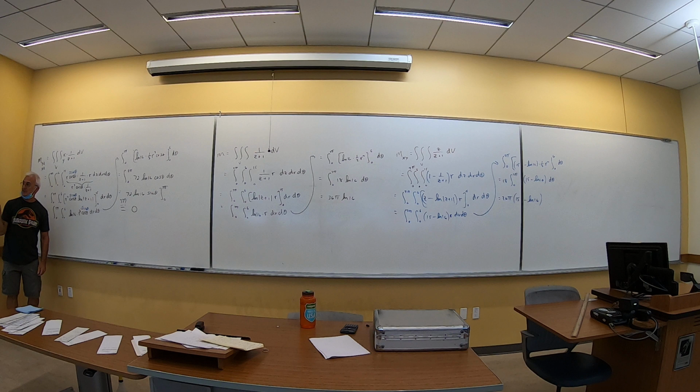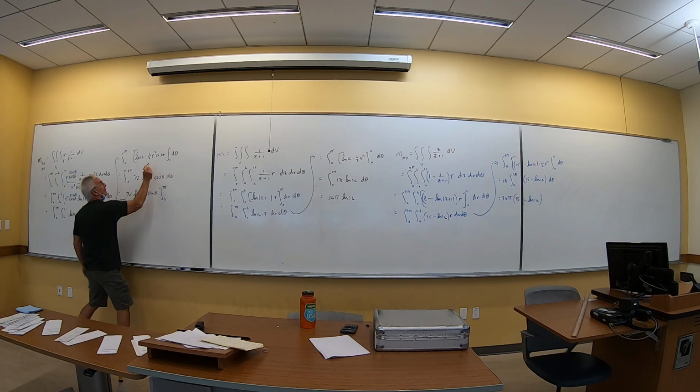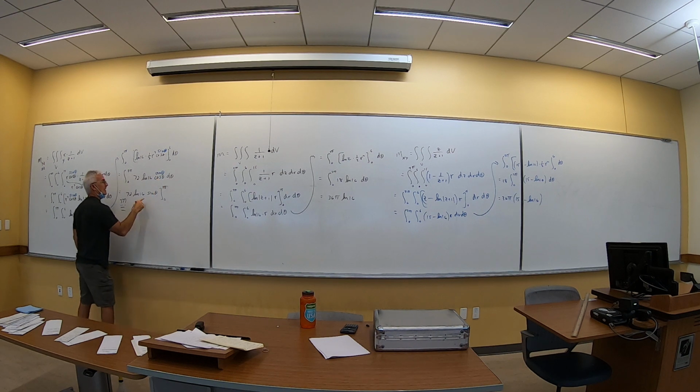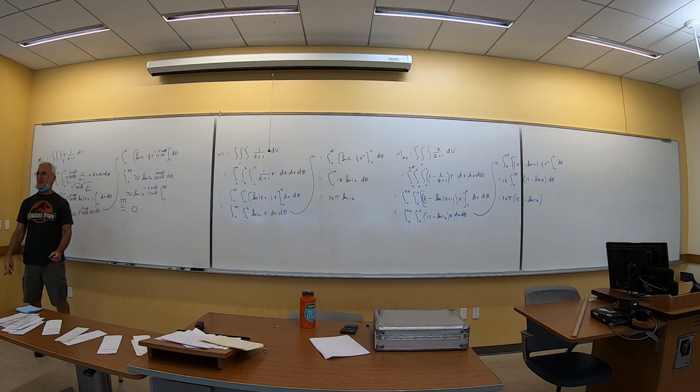Do you agree everything else is the same? What goes here now? Negative cos theta, evaluated from 0 to 2 pi. And that is also 0, isn't it? Did we make a mistake? I mean, we got what we got.